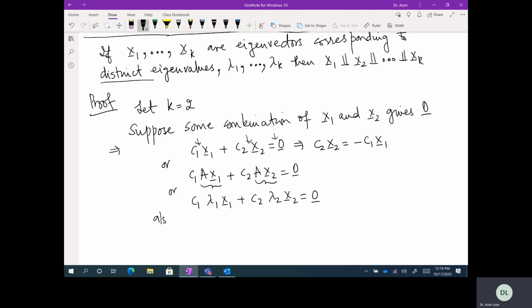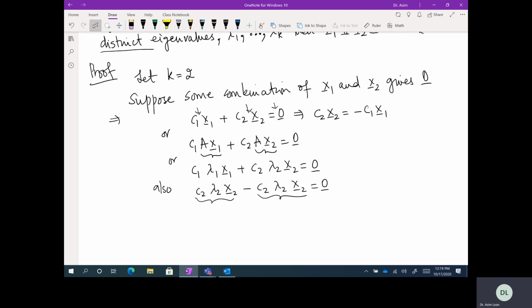Also, c2 lambda 2 x2 minus c2 lambda 2 x2 is 0, obviously.